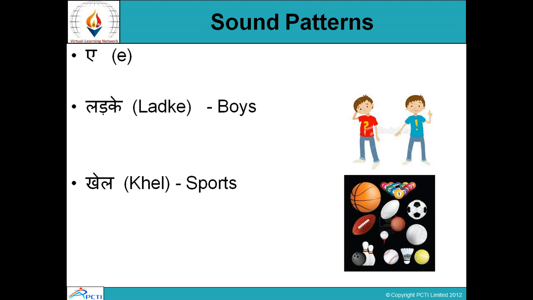Ladke. Ladke are what? Boys. In Hindi we call them ladke.